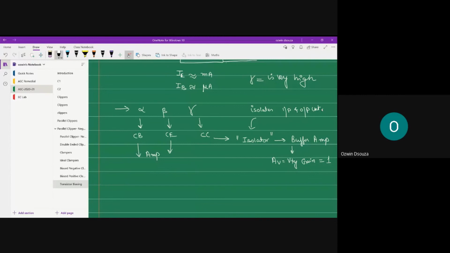If some problems occur in the input circuit, those problems will not percolate to the output circuit because they are not connected by wires. That is the biggest advantage of a transformer. If there is any fault in the input circuit, the output circuit can be safeguarded.